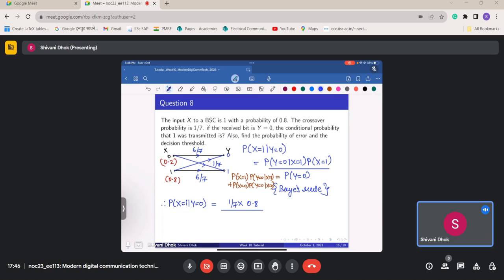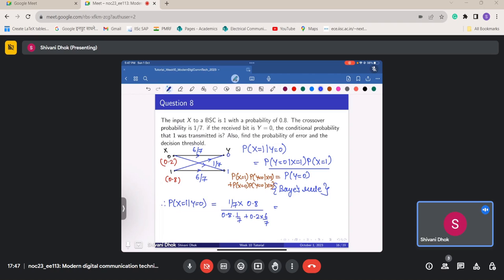So the probability of y is the probability of x equal to 1, which is 0.8, multiplied by the probability of y equal to 0 given x equal to 1, which is 1 by 7, plus 0.2 into 6 by 7.